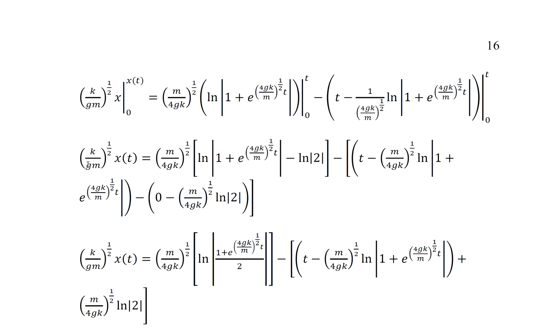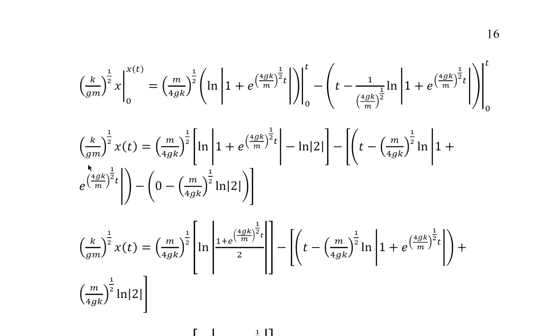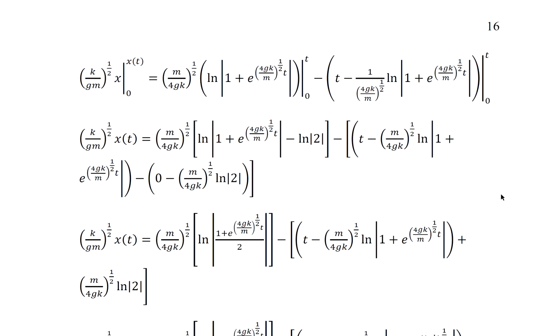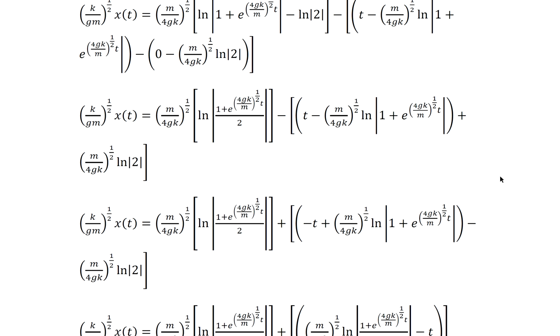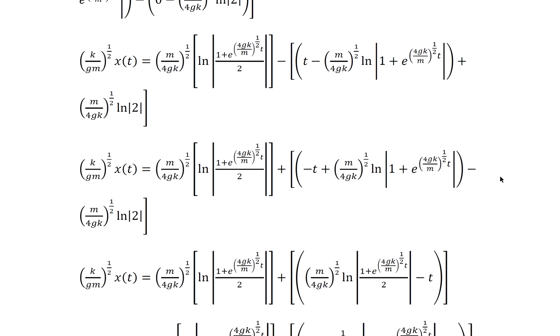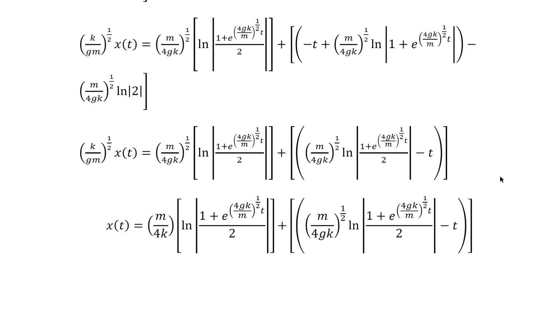It's going to get a bit ugly, but take a look at what happened here. And finally, this is the solution for the displacement as a function of time. And as time goes to infinity, this should also go to infinity.